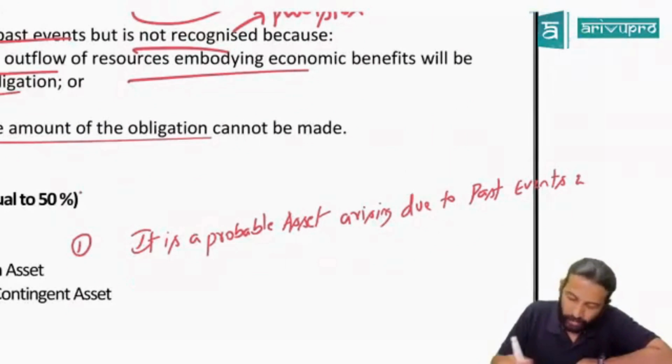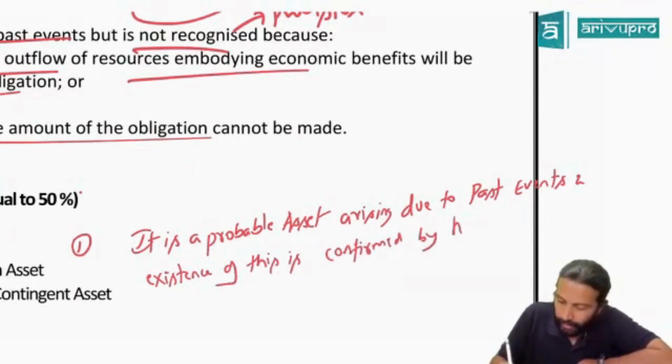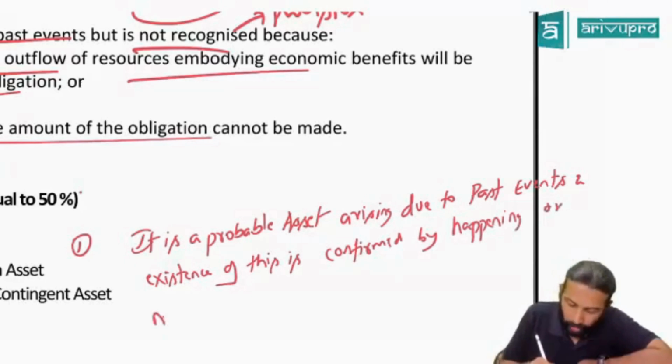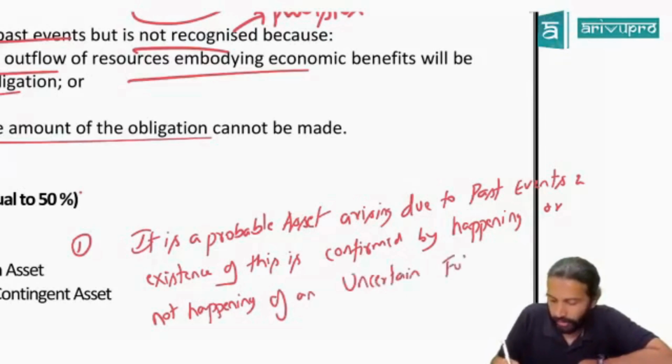And the existence of this is confirmed by the happening or non-happening of an uncertain future event.